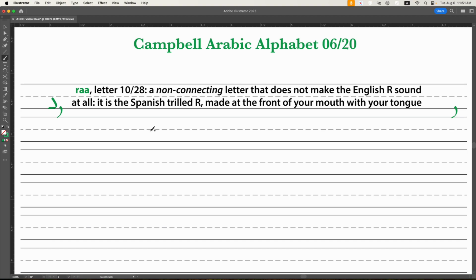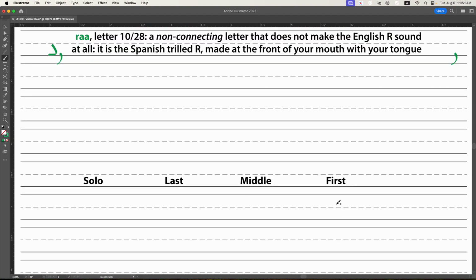So this is the letter Ra, and it dangles from the line, and because it is a non-connecting letter, it cannot be the first or the middle in a series of connected letters. Rather, it dangles down from the line at an obtuse angle like this, and if we're coming up from a previous letter, we might want to make almost a little token tooth there.